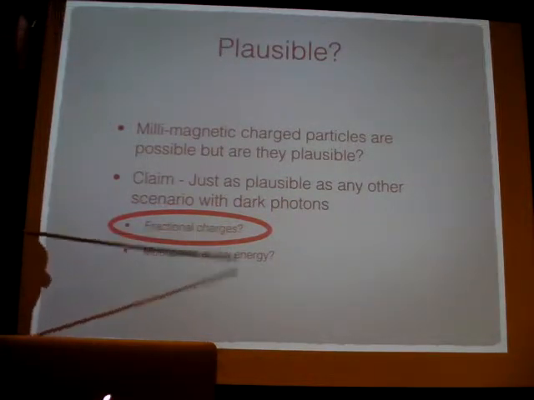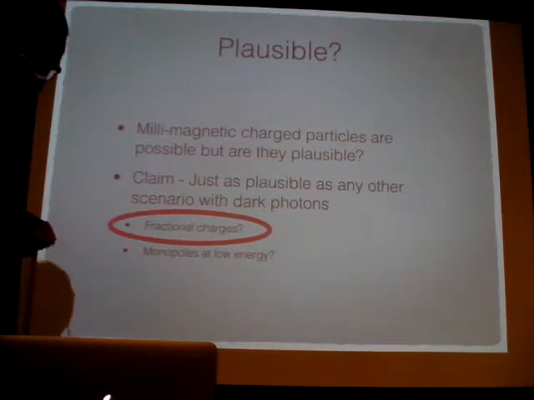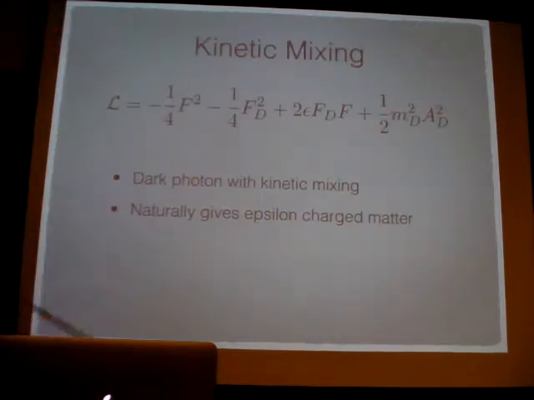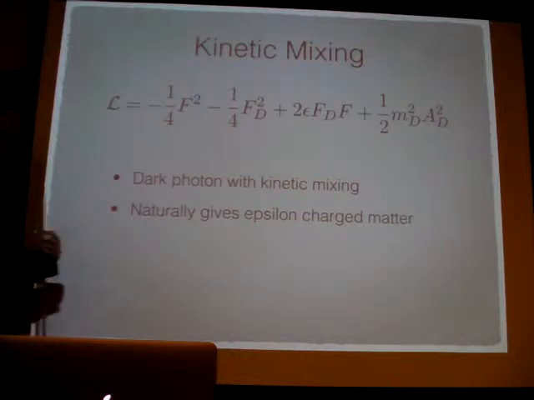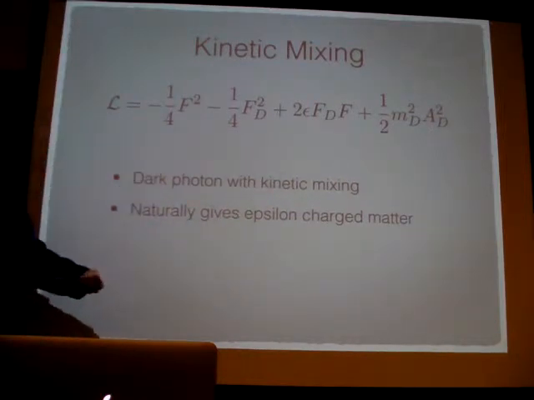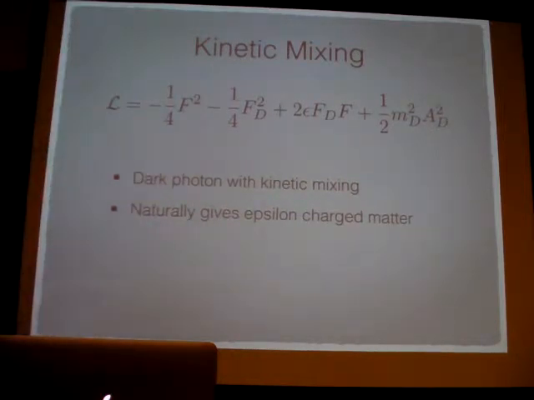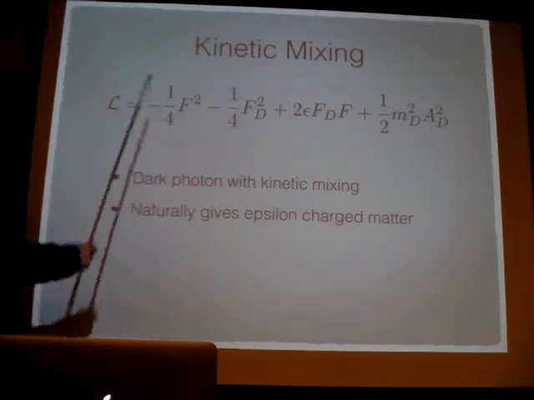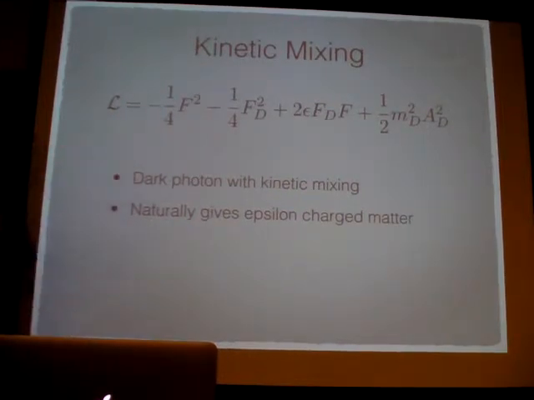So let's first talk about the fractional charges, these epsilons that look a little weird. The easiest way to see this is just to write down kinetic mixing. My claim is that if you just write a theory with kinetic mixing, you very, very naturally get the theory I just wrote down before, of these two epsilons being exactly the same up to a sign. So what is kinetic mixing?